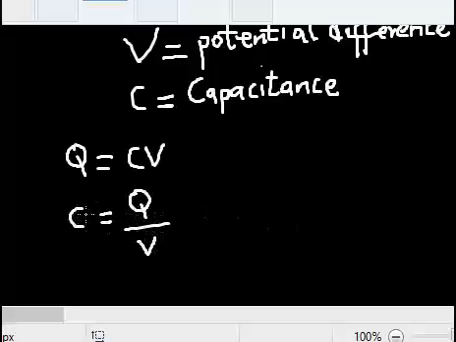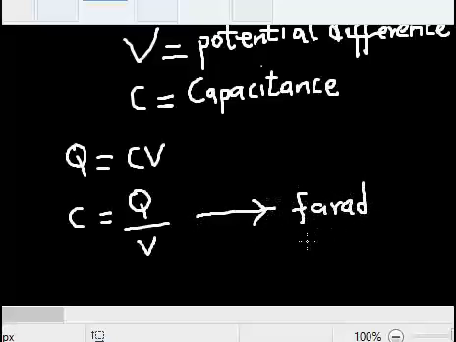This capacitance of a capacitor is measured by a unit, which is the farad, F by symbol.